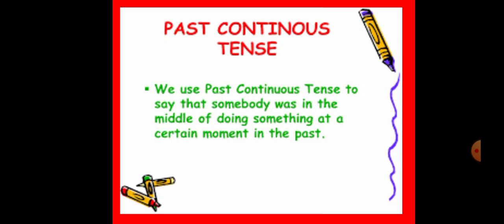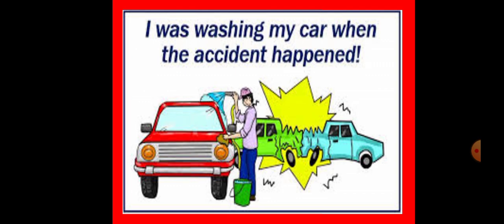Okay, the past continuous tense is formed in this way. Was or were plus verb plus ing. Yes, see the picture. I was washing my car when the accident happened. Here two actions were going on at the same time in the past, right? The formation? Yes, was or were plus verb plus ing. I was washing my car when the accident happened.